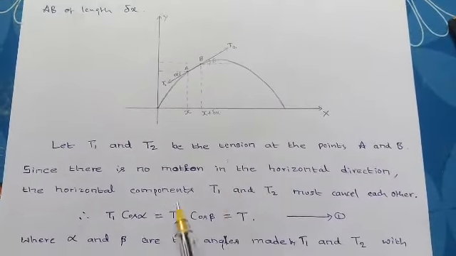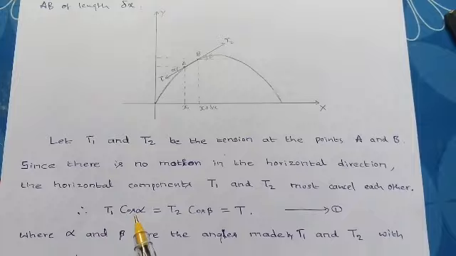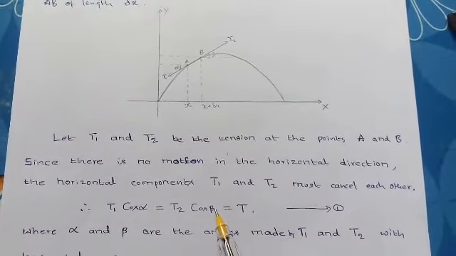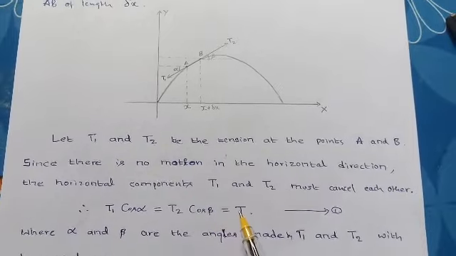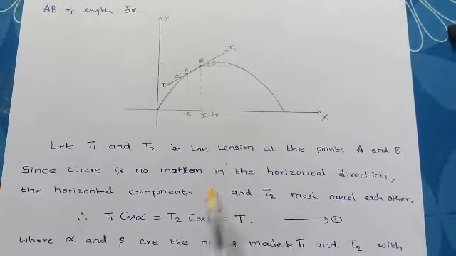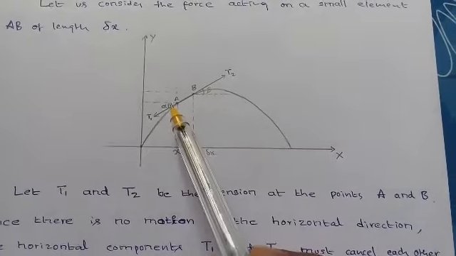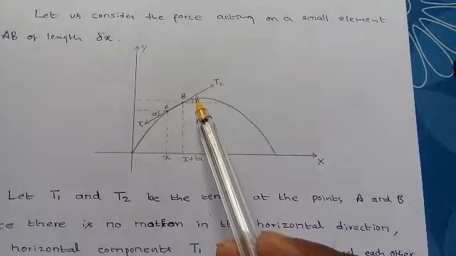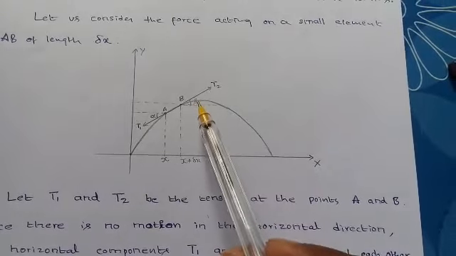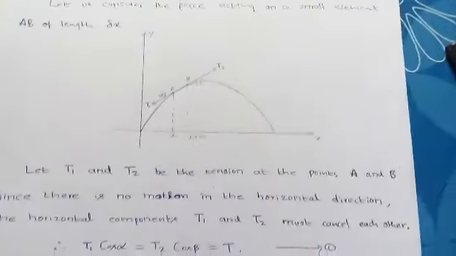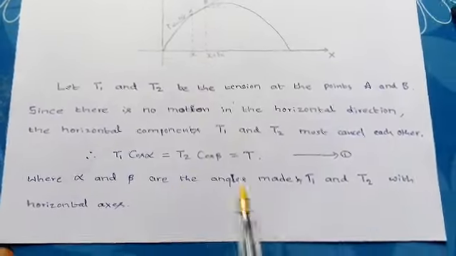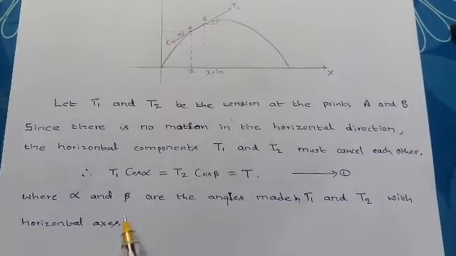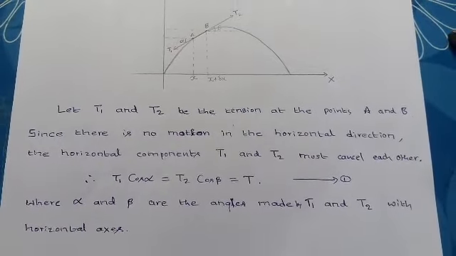So the horizontal components can be written as T1 cos alpha equals T2 cos beta equals T, where alpha and beta are the angles made by T1 and T2 with the horizontal axis.